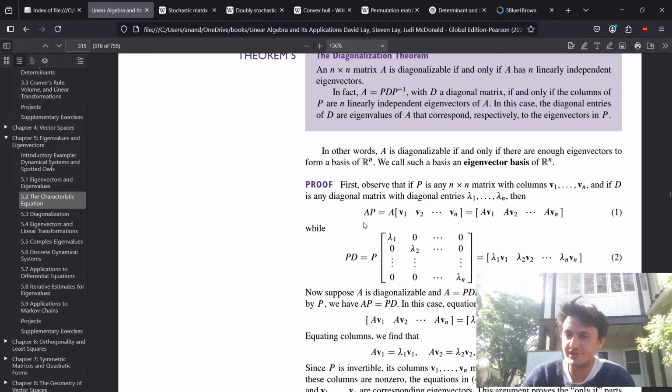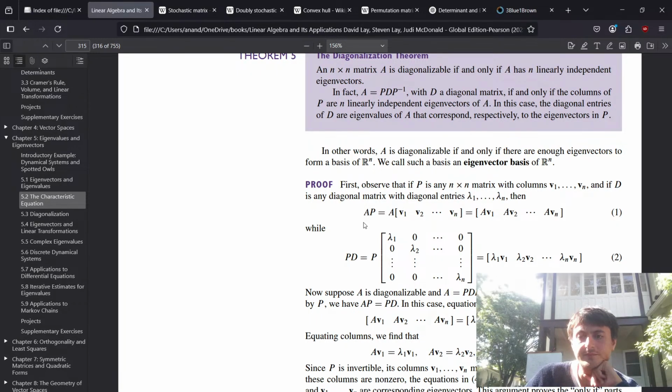Okay, the proof is just observe that, A times some, okay, so P is n by n with columns V1 through Vn, and D is diagonal with lambda 1 to lambda n. Okay. The proof of the diagonalizable.